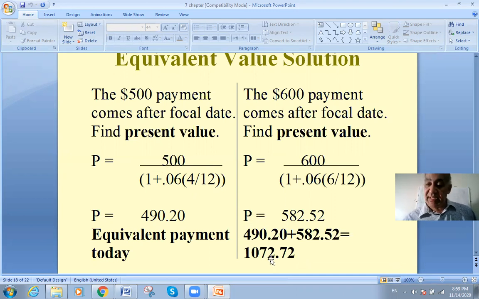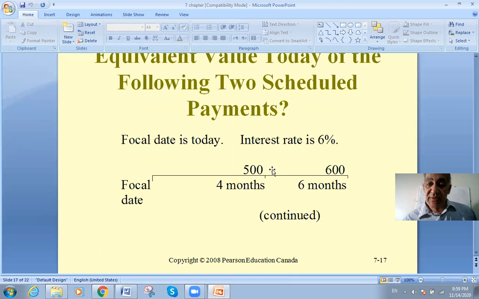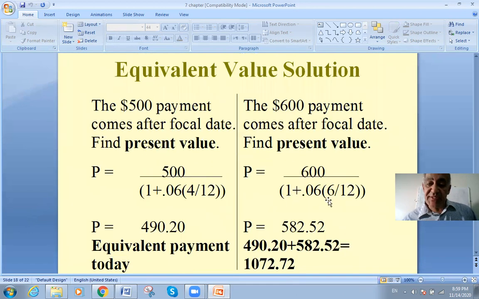The second amount is the same thing, $600 divided by 1 plus 0.06, which is the interest rate, multiplied by the period of time.